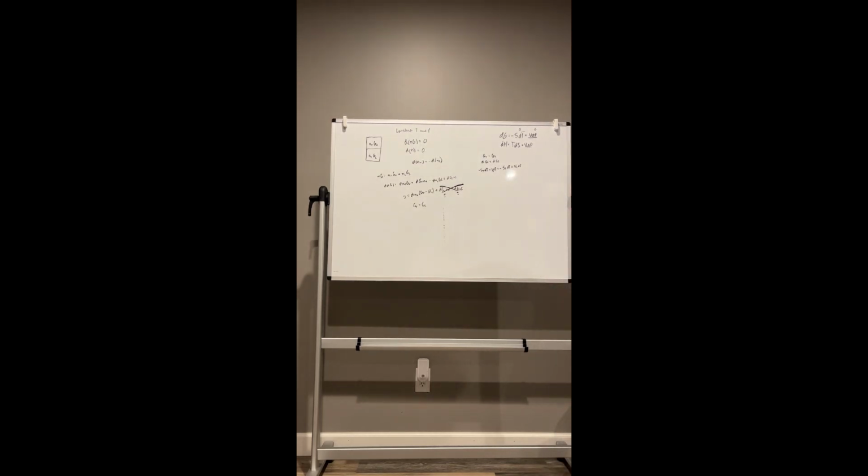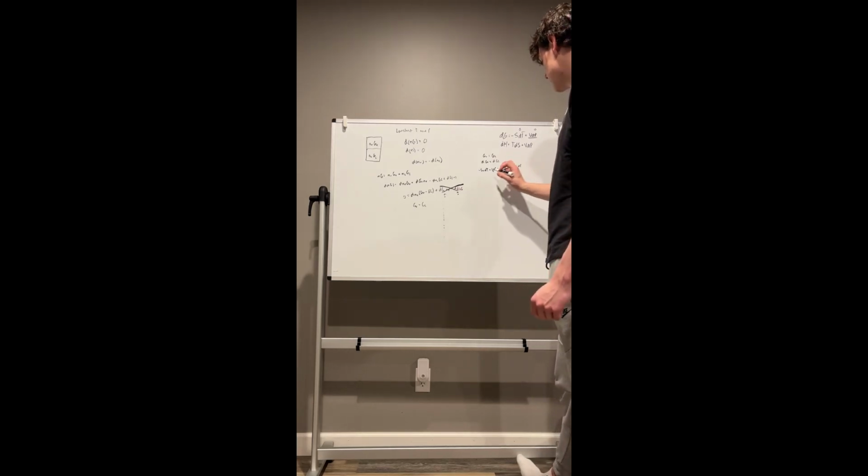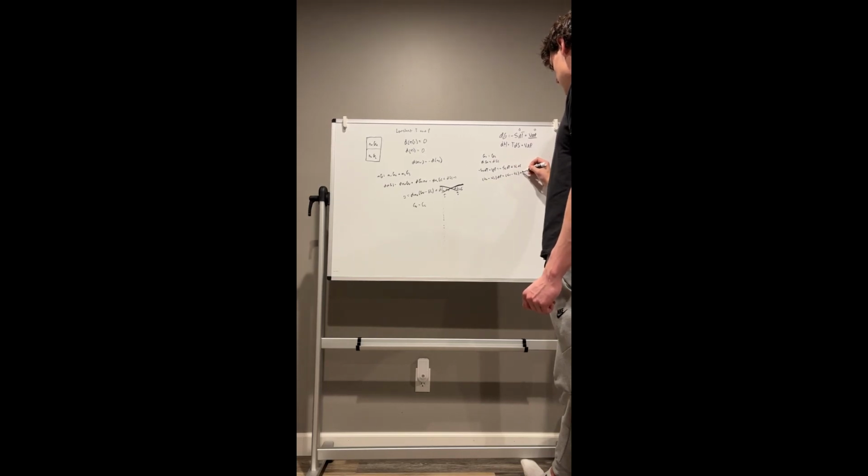What we can do now is transfer terms to opposite sides to get a simplified version: (Vv minus Vl) times dP is equal to (Sv minus Sl) times dT.